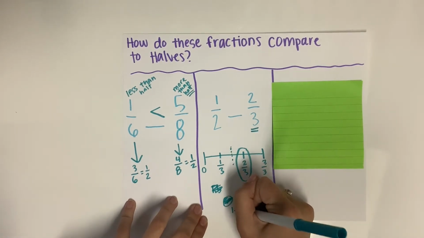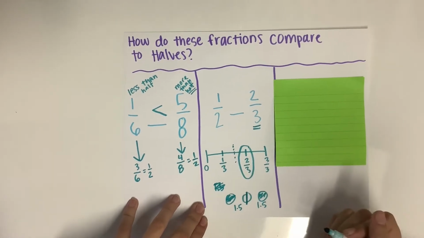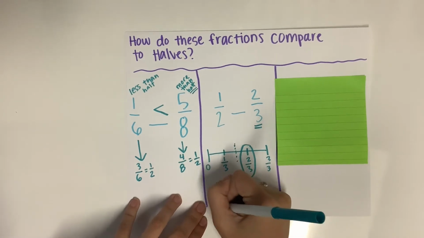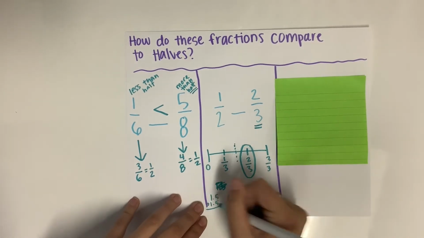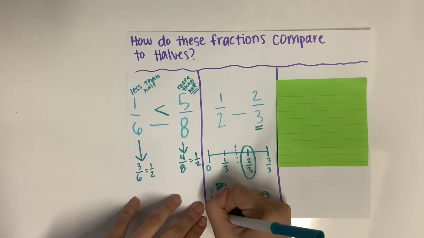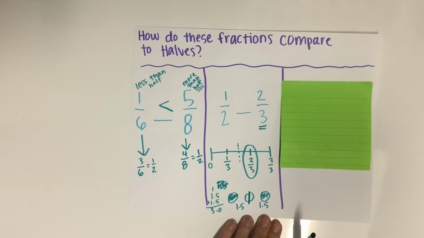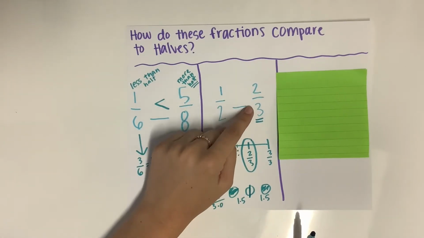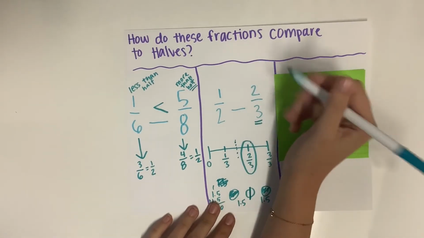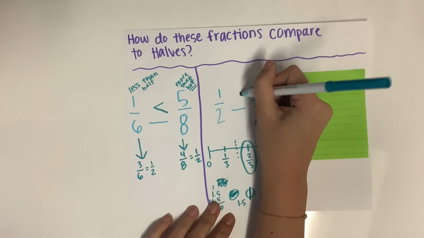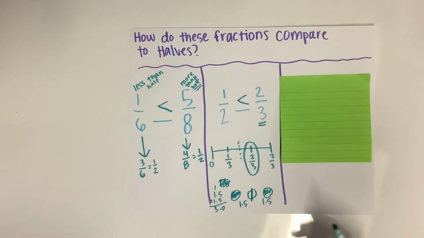So 1.5 and 1.5, I can even check that, right? 1.5 plus 1.5 is 3. Decimals can get really overwhelming sometimes whenever we're dividing things, but we can use our models to help us see that 2/3 is definitely greater than a half. So 1/2 is less than 2/3.